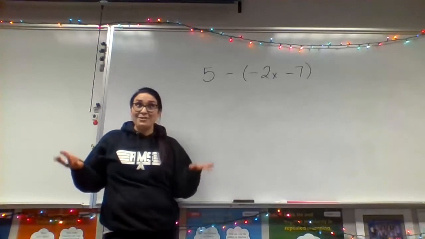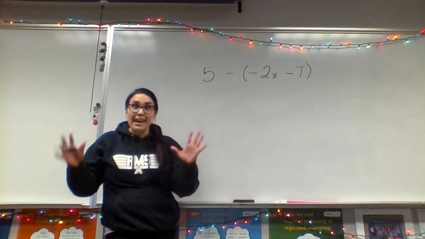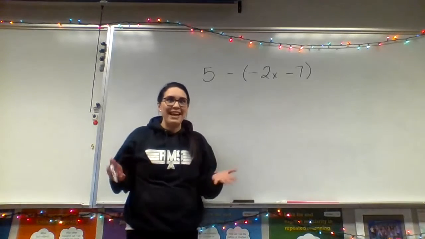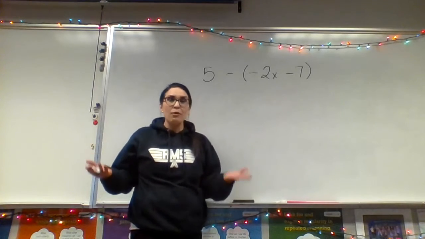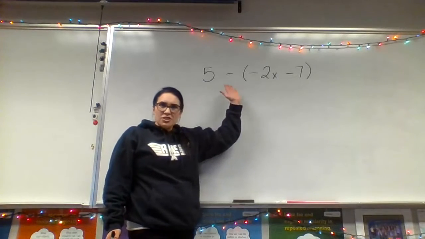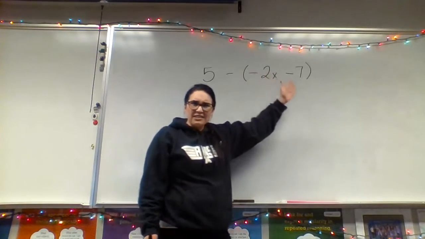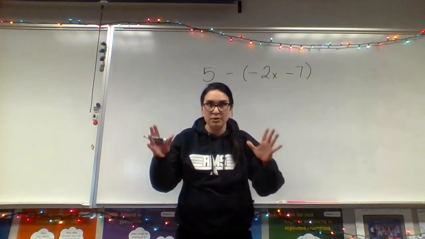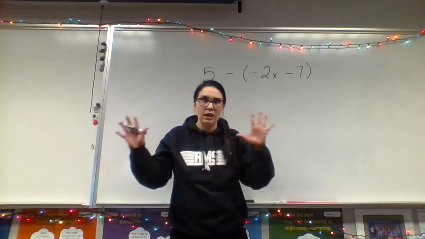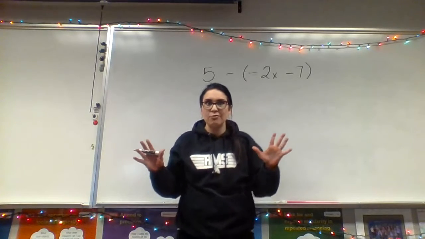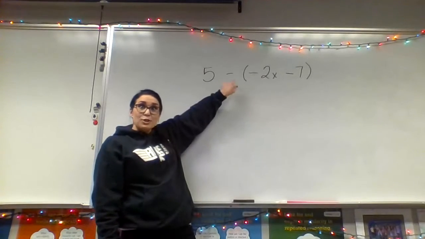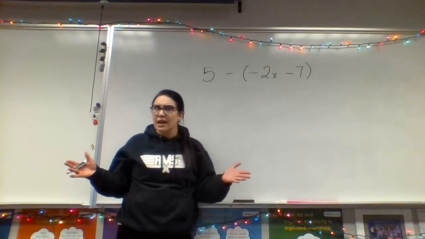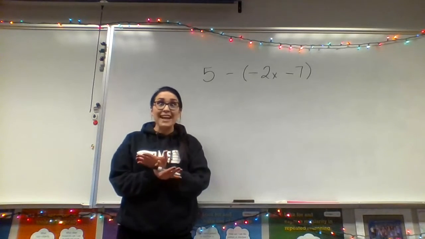What it's trying to get you to do is, if we multiply the things that we have in the parentheses by a -1, we're actually just changing all of our signs to whatever the opposite sign would be. And then, my friends, the most important, most beautiful part of the whole distributive property with a -1 is that this subtraction sign will turn into addition, and then we're just adding.